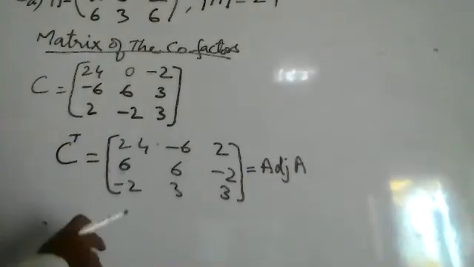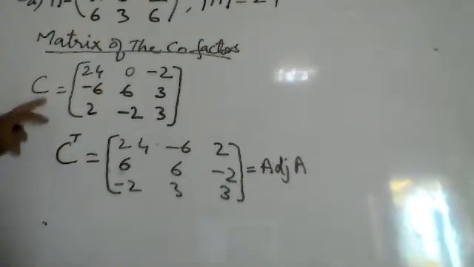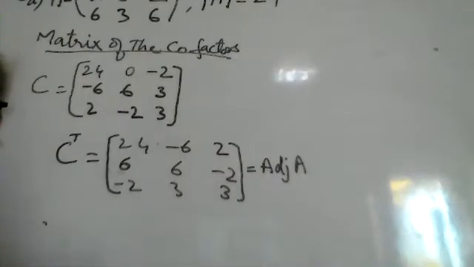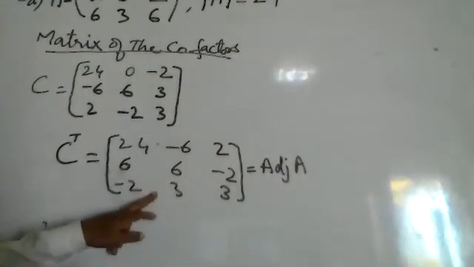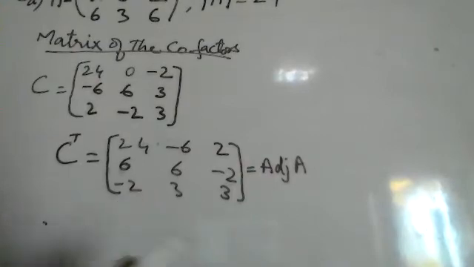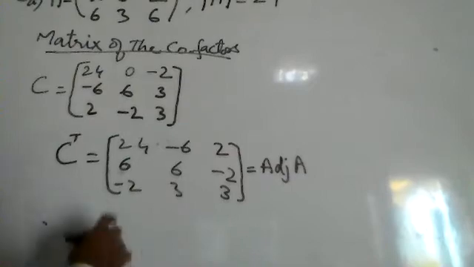The transpose of the matrix of the cofactor, C raised to power T, is called the adjoint of the matrix. So now the last step, we will find the inverse.